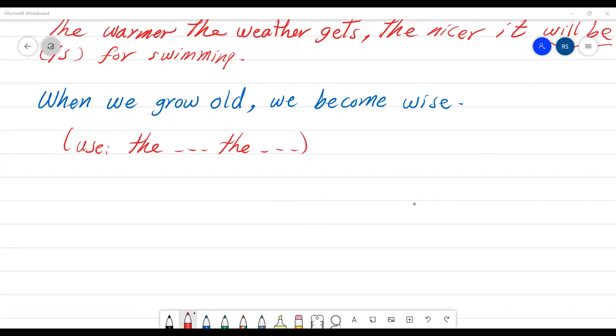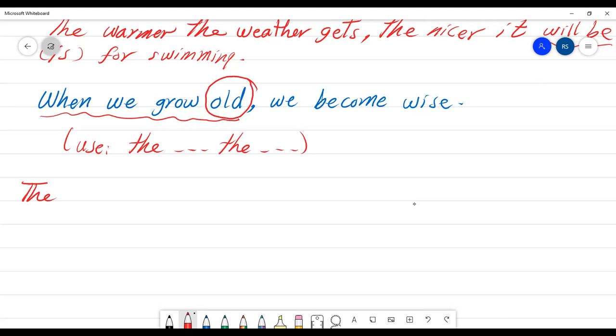The more we growing... Wait, my friend. Listen to me. First, we start with the, right? When we grow old, here in the sentence, there is an adjective. It's old.